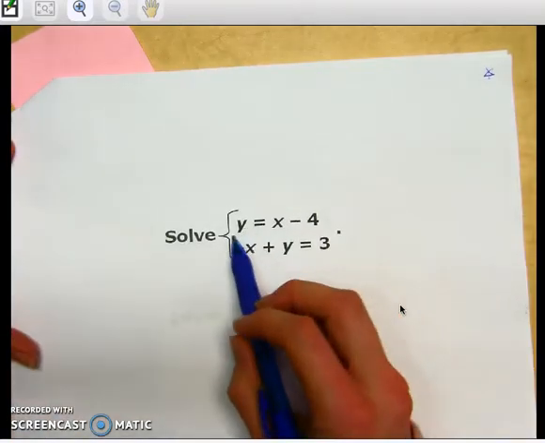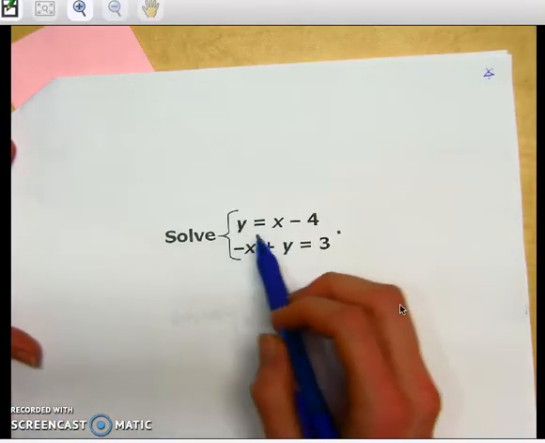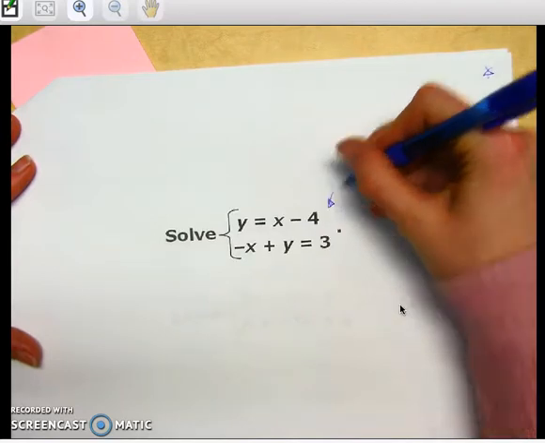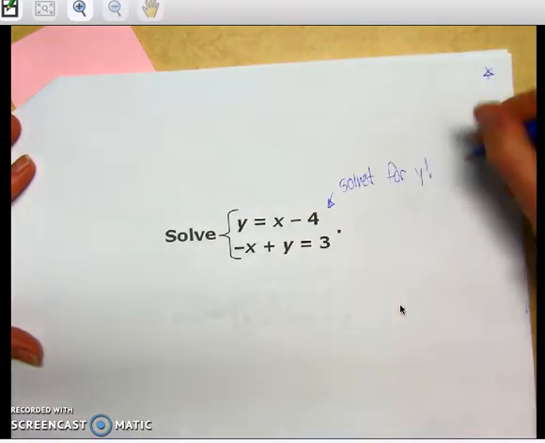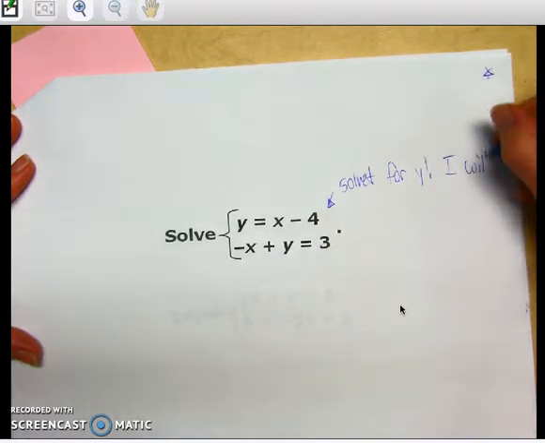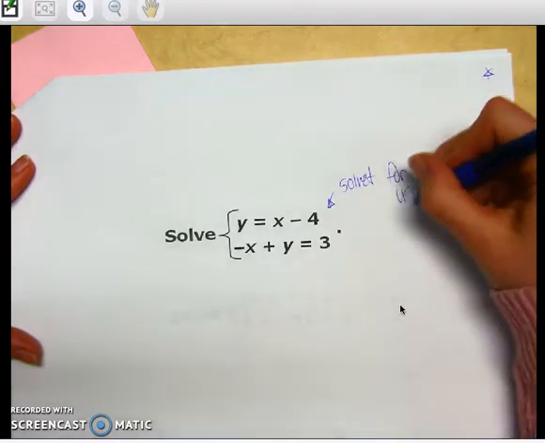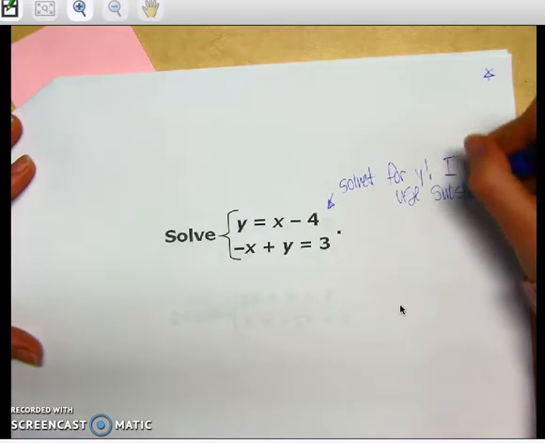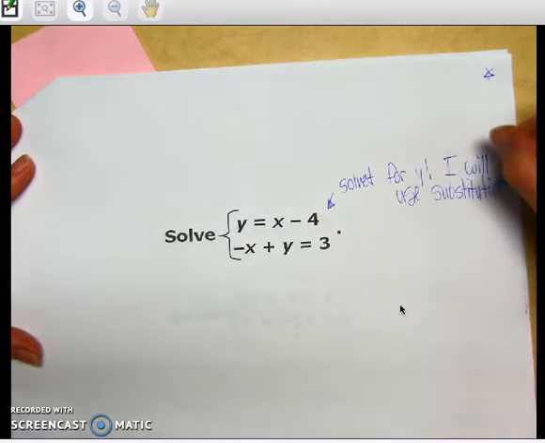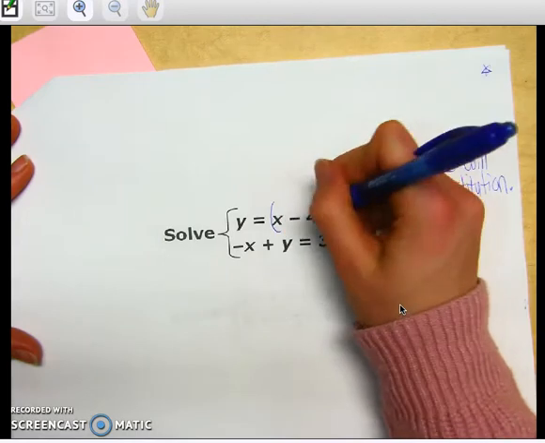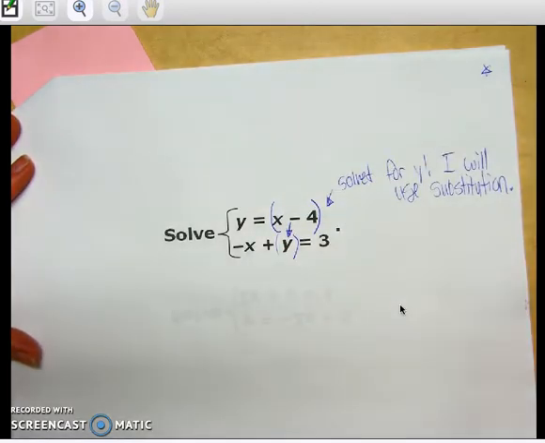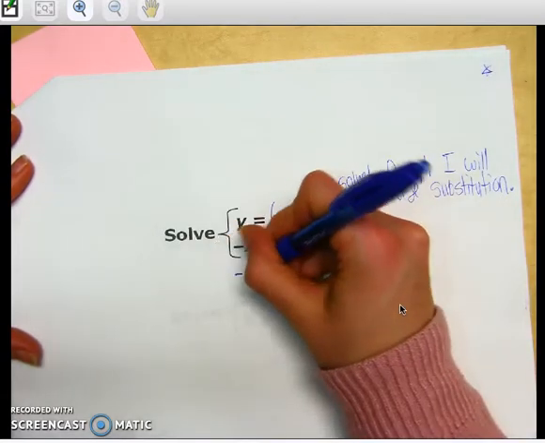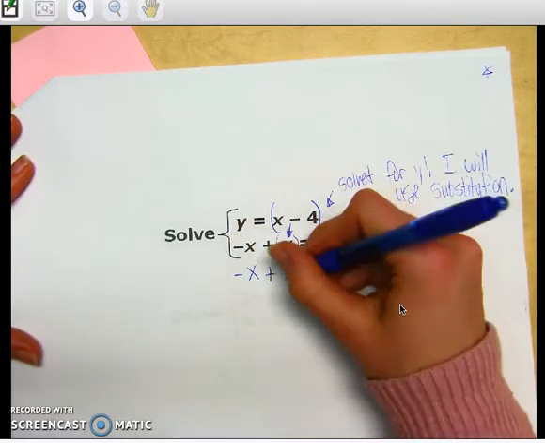I notice that immediately I have a y equals equation. So we have y by itself. So I'm going to use substitution. In this case, instead of writing y, I'm going to plug in this new expression, x minus 4, for y, and rewrite my expression.